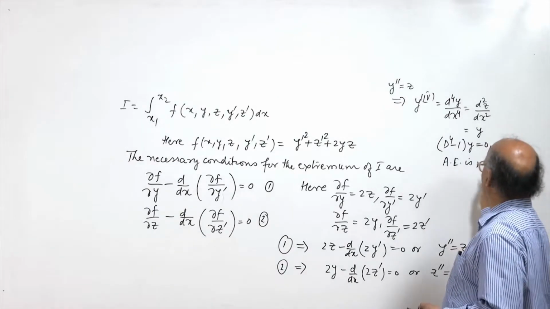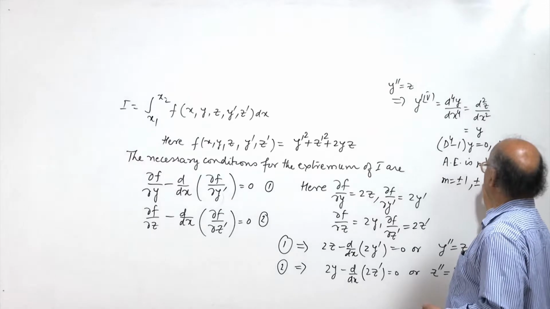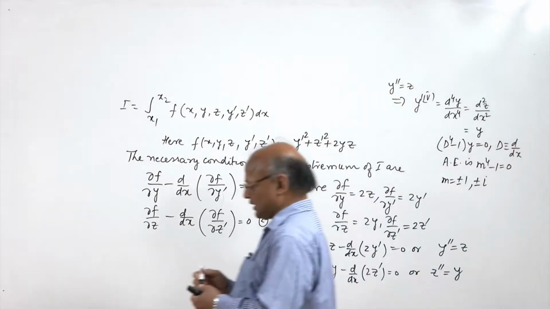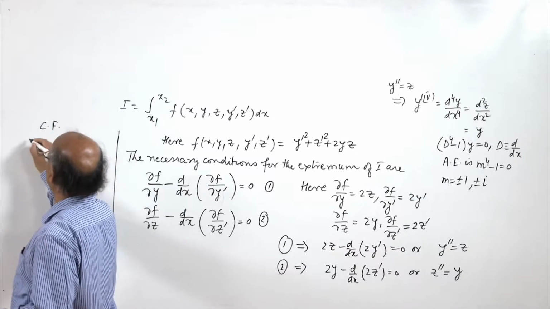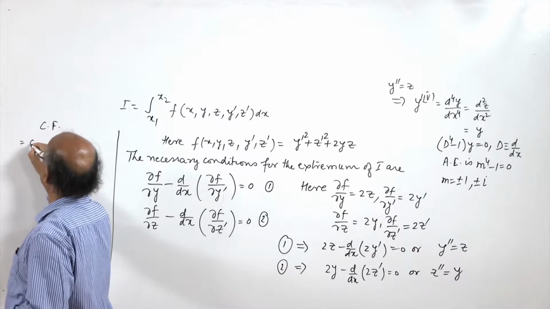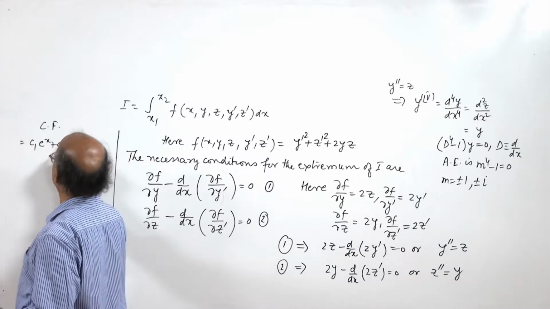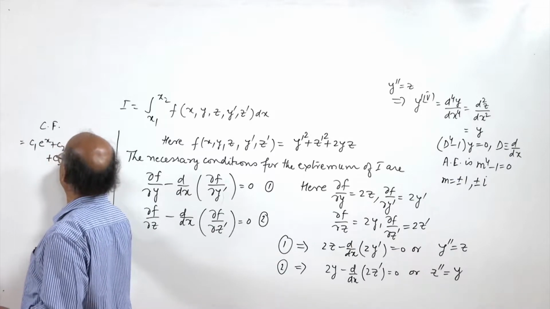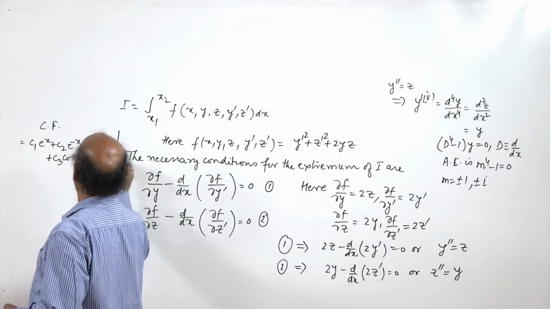The roots of this equation are m equal to plus minus 1, plus minus i, and so we can write the complementary function. The complementary function will be c1 e to the power x plus c2 e to the power minus x plus c3 cos x plus c4 sin x.